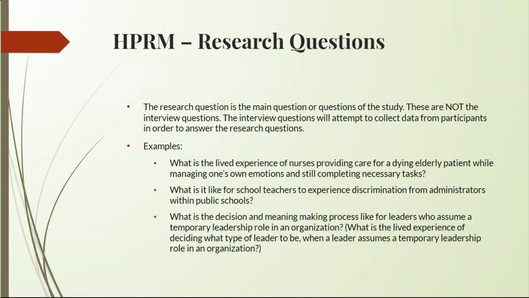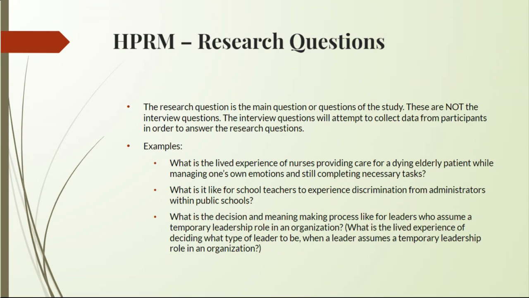Same thing for the second one, what's it like for school teachers to experience discrimination from administrators within public schools? So again, that's just taking the purpose statement and making an interrogative statement, a question, and using that as the major research question, the primary research question.